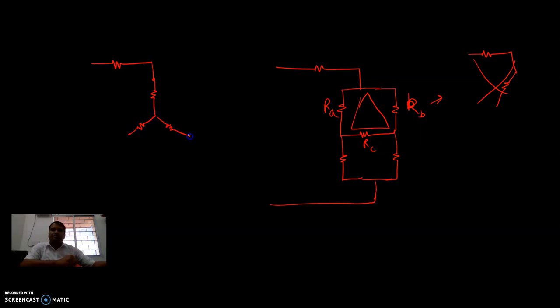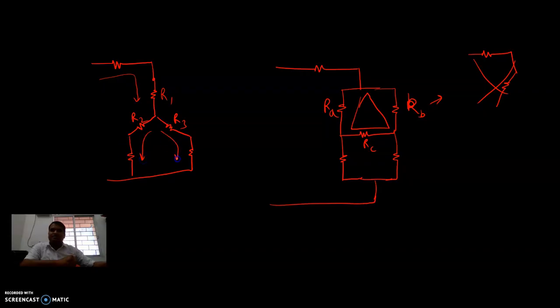Now the same circuit would look like this. You can see RA, RB and RC, this delta, has been converted into a star, let us say R1, R2 and R3, and this resistor remains like this. In this way your circuit is now much easier to understand.